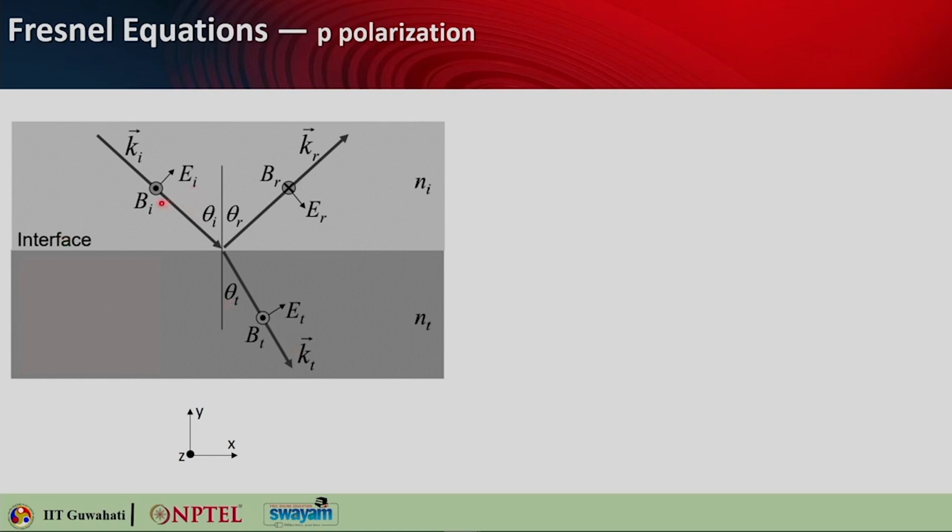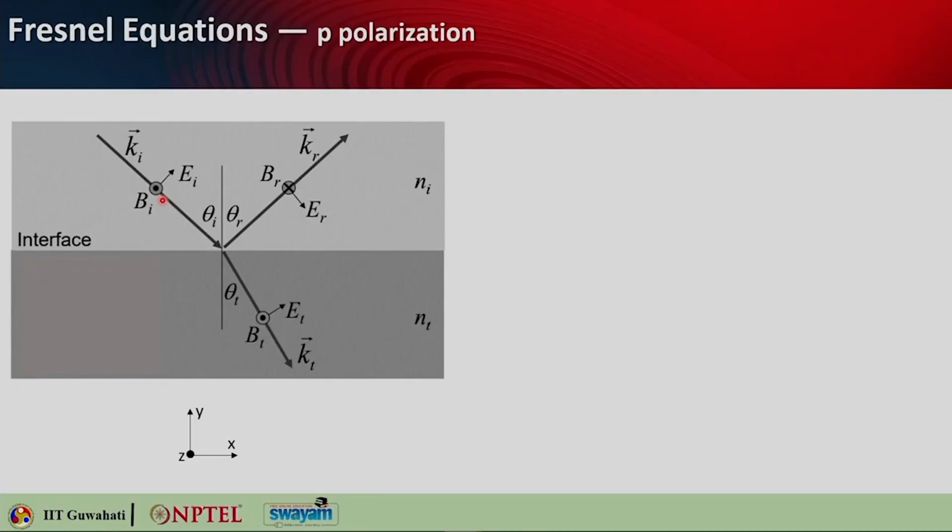Now if we assume that the electric field is along this direction, again using that U cross B should be in the direction of K, you can find out the direction of Bi. Okay, and that is the magnetic field. In this case it is actually coming out of the page. Upon reflection, this upward electric field will become downward like this.